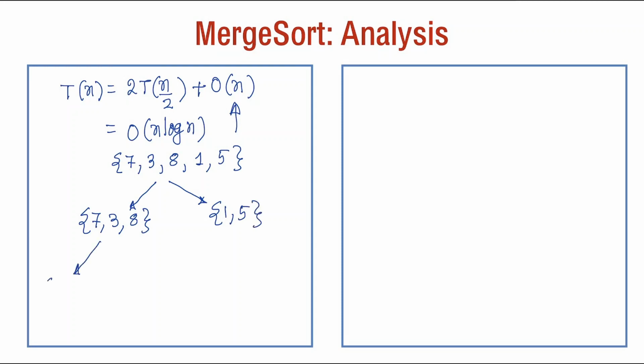Then here 7, 3 and 8, here 7 and 3 separately, 8, here 1, and here 5.